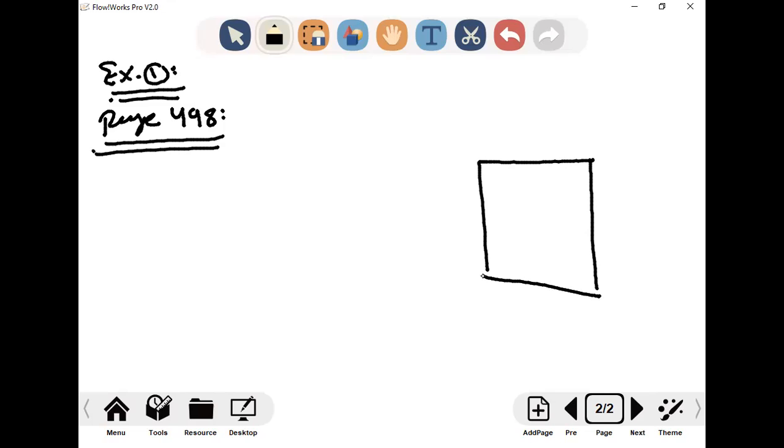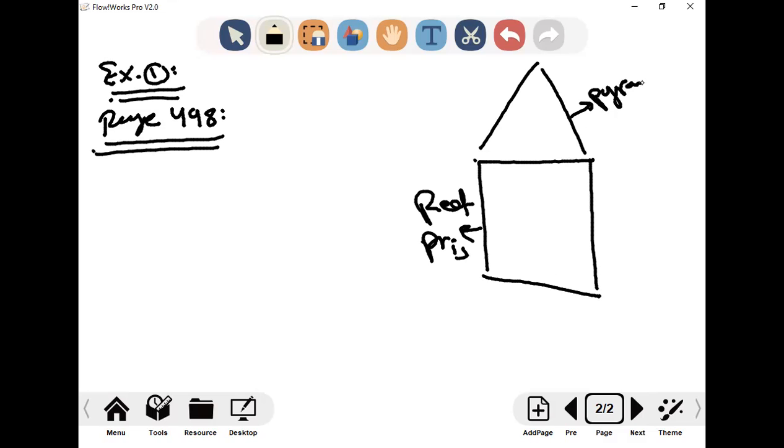Up we have a pyramid, and down we have a prism. One of them is a pyramid, and the other one is a rectangular prism. So here, rectangular prism, and here, pyramid, right?